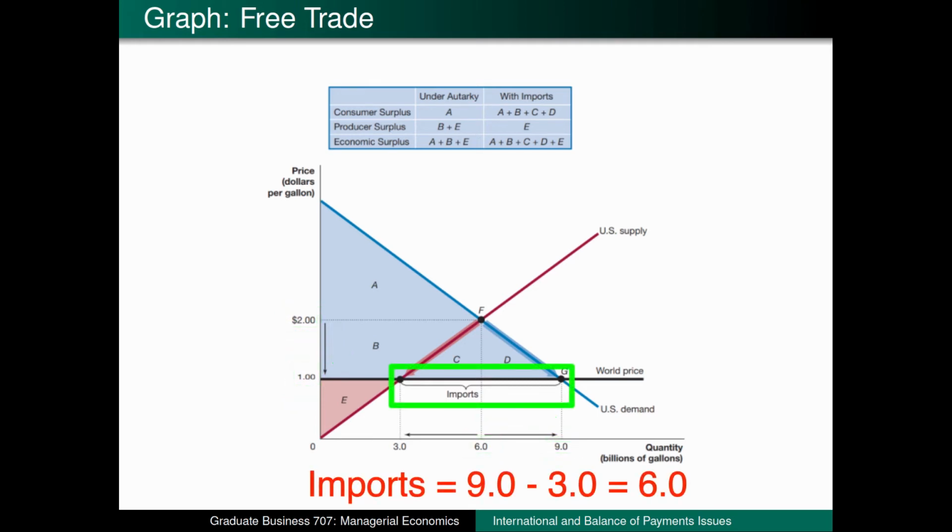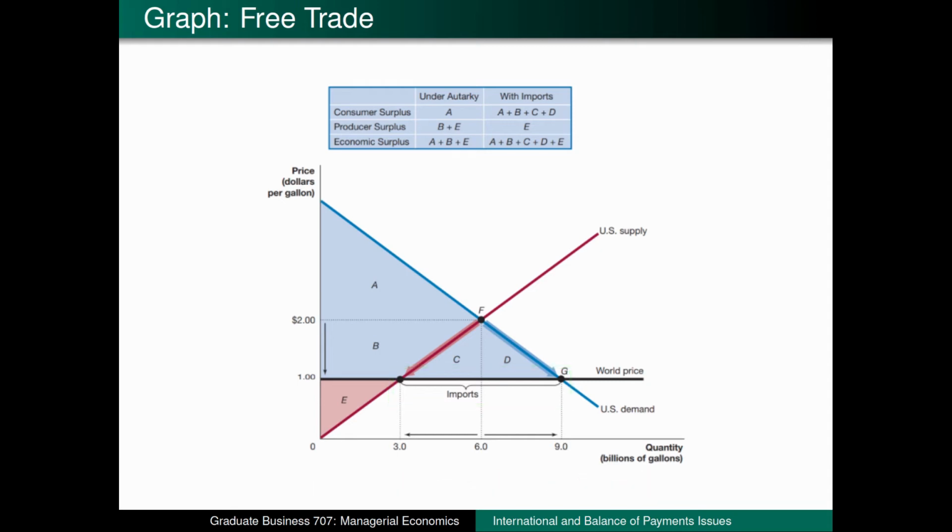Since American consumers want to buy 9 billion gallons of ethanol, and American companies only produce 3 billion gallons of ethanol, then we would be importing 9 minus 3, or 6 billion gallons of ethanol. The fact that the amount of imports is the same as our original equilibrium quantity is merely a coincidence.